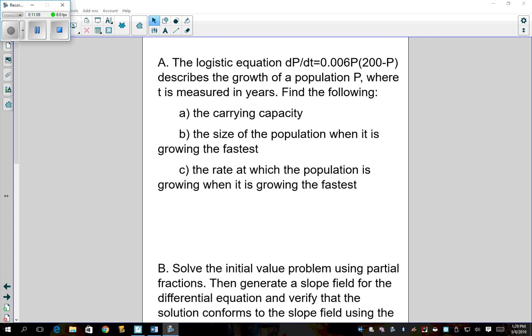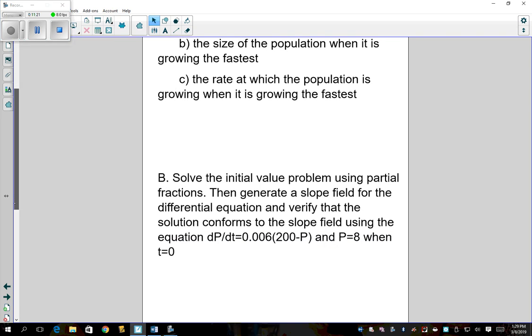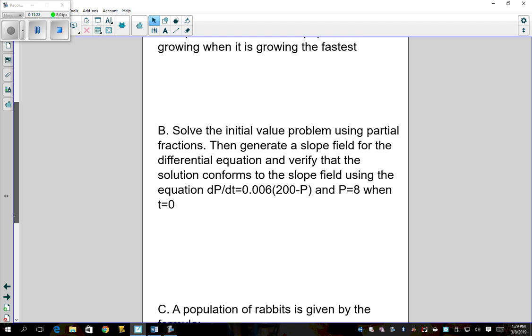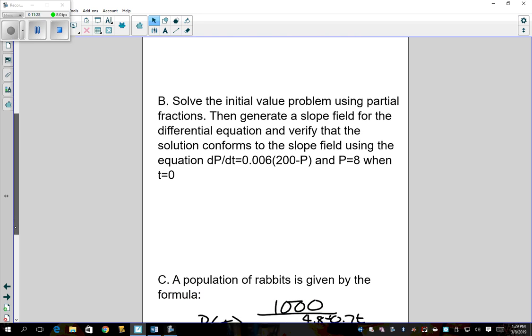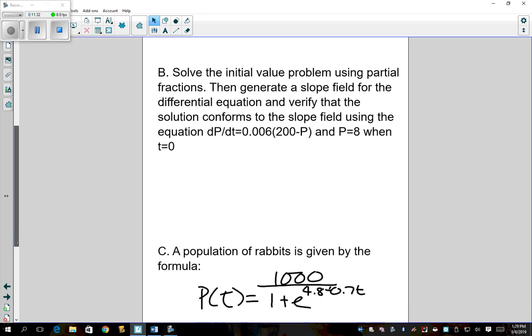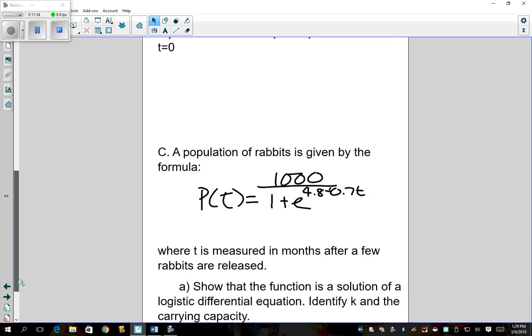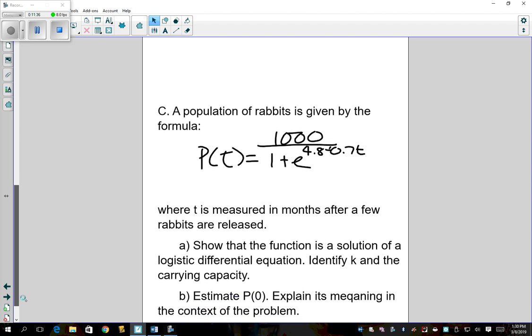So first we're given the logistic equation, and then we're asked to find the carrying capacity, the size of the population when it's growing the fastest, and the rate at which the population is growing when it is growing the fastest. B, we're asked to solve the initial value problem and then generate a slope field and verify that our solution conforms to the slope field. And here we're given a population of rabbits, and we're given a formula for their growth.